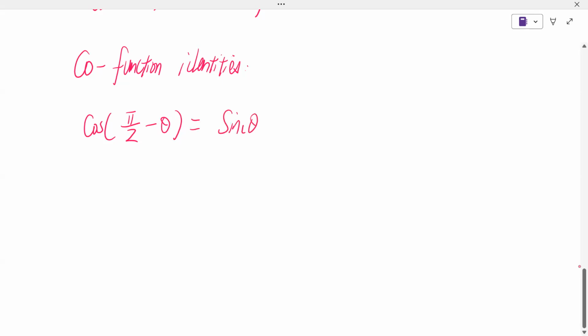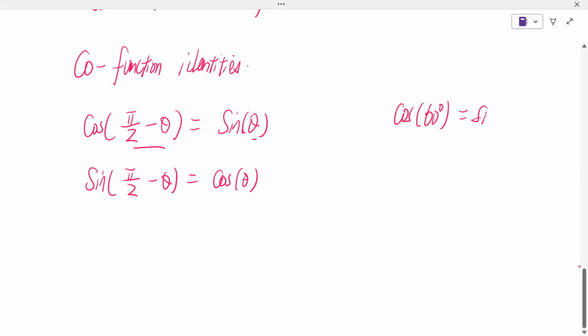These two angles, this theta and then pi over 2 minus theta, they are complementary angles. And we have cosine on one side, sine on the other side, they are equal to each other. Similarly, sine of pi over 2 minus theta equal to cosine theta.